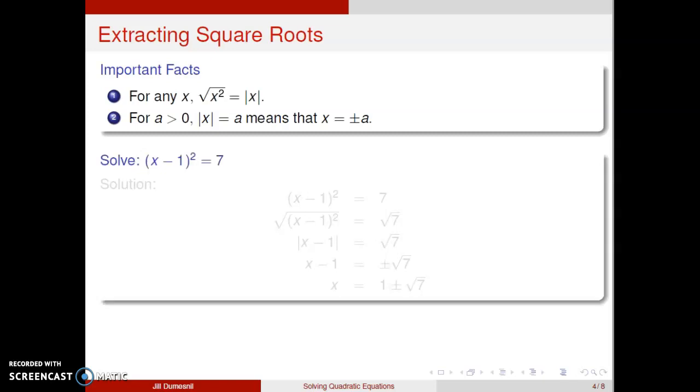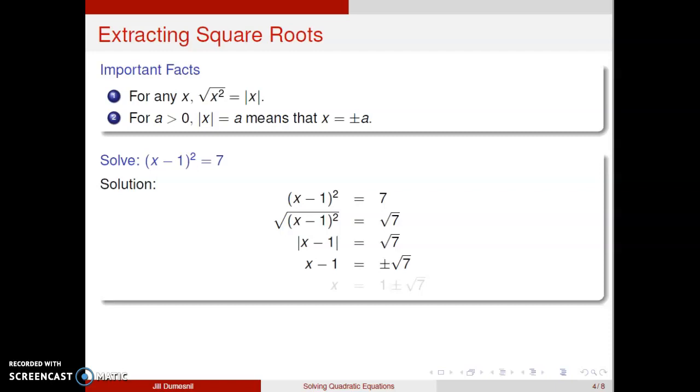Let's solve the equation quantity x minus 1 squared equals 7. This is a quadratic equation that we saw in the last video. We take the principal square root of both sides. The square root of a perfect square yields an absolute value, and removing the absolute value produces plus or minus.